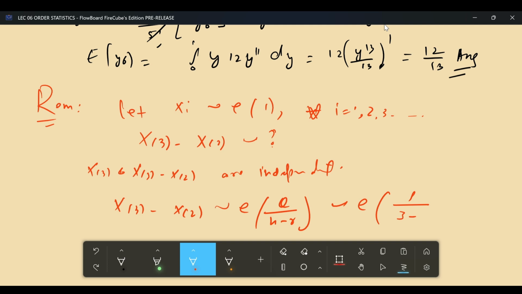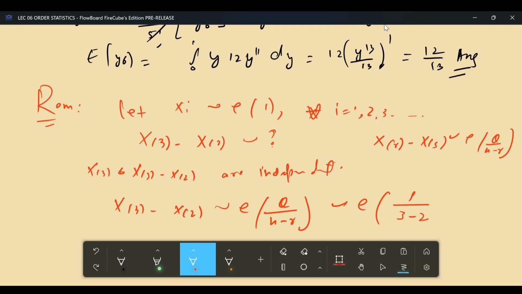So which follows exponential, what's theta, theta is 1, n is 3, minus r. Wait a minute. Remember, xr minus xs will follow exponential theta over n minus r. So from here x3 minus x2 will be 3 minus 2. This is xr minus xs, n minus r, n is 3.